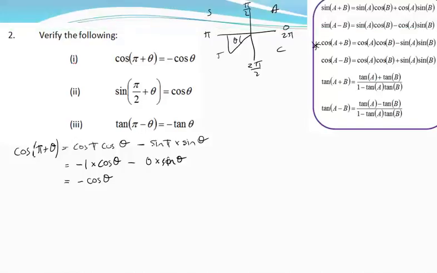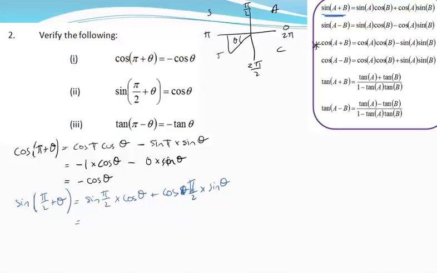For our next formula here we have sine of pi on 2 plus theta. So using this formula here, it will be equal to sine of pi on 2 multiplied by cosine of theta plus cosine of pi on 2 multiplied by sine of theta.